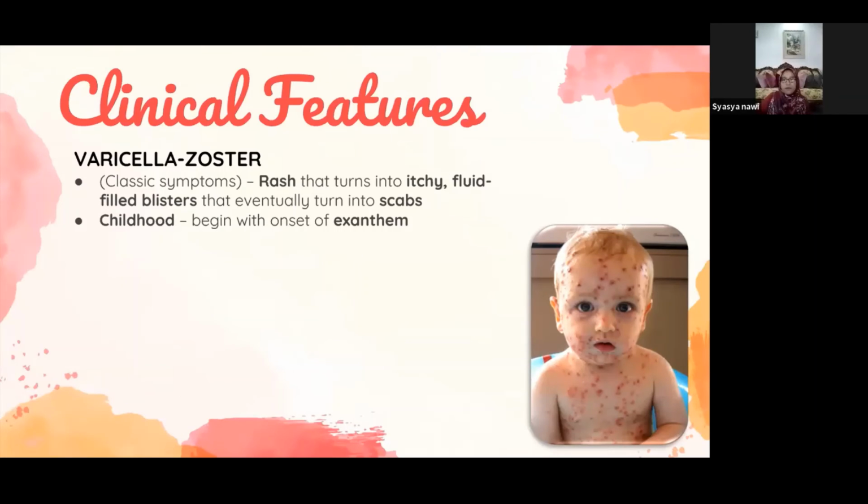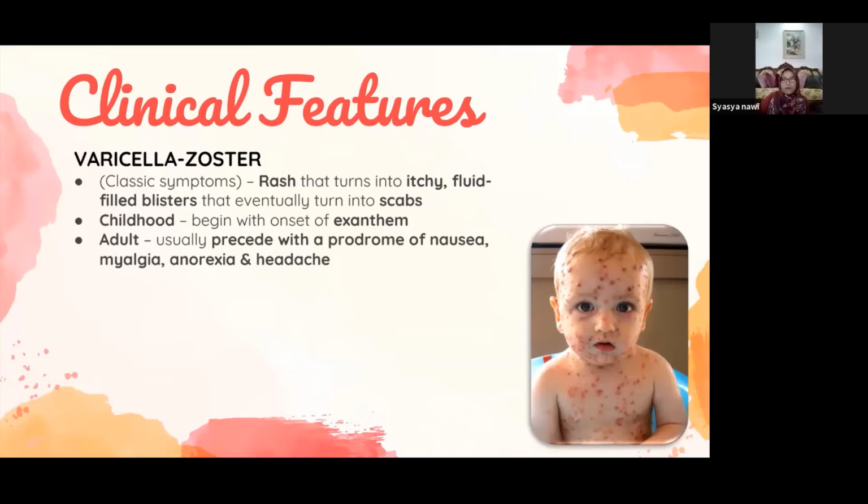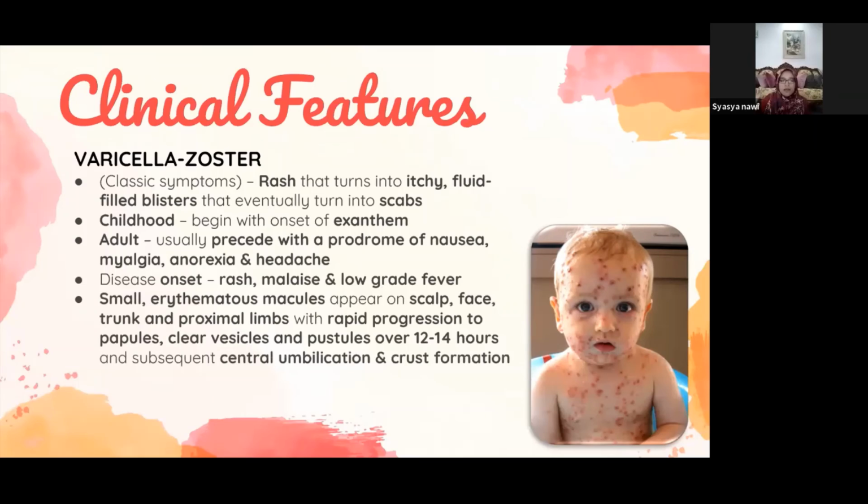In childhood, usually it will begin with an onset of exanthum. In adults, usually it will be preceded by a prodrome of nausea, myalgia, anorexia, and also headache. For the disease onset, it usually has a triad of rash, malaise, and a low-grade fever.